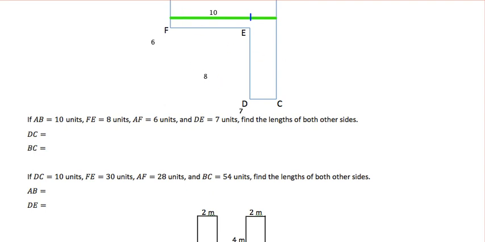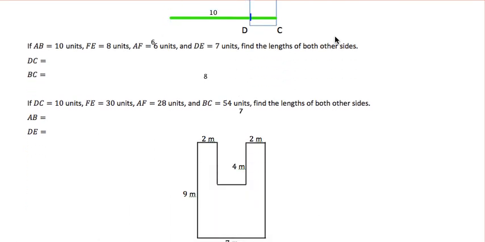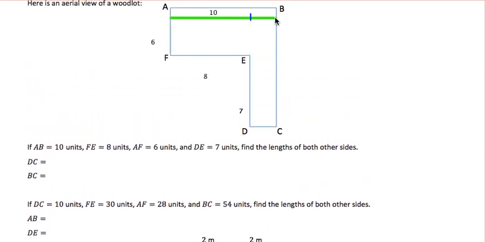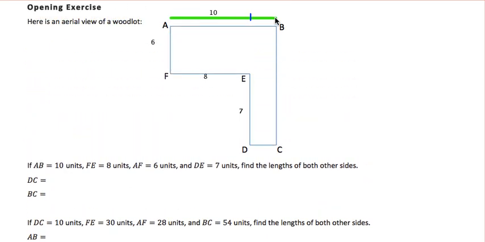And then I drag down even further. What I find is that what is left is the measurement of CD or DC. So then going back, we find that the measurement of DC would be 10 minus 8, or 2 units.